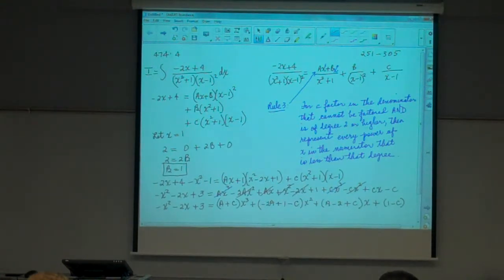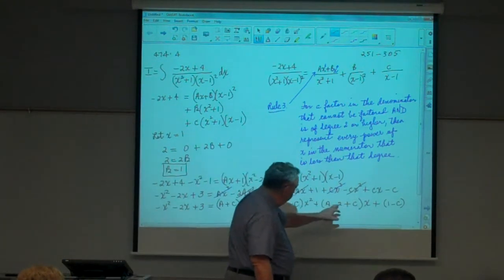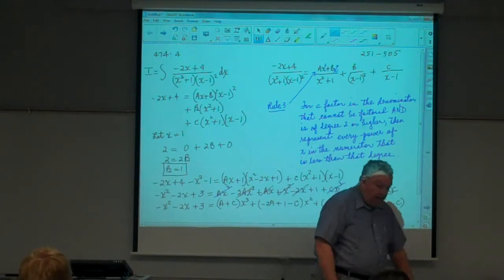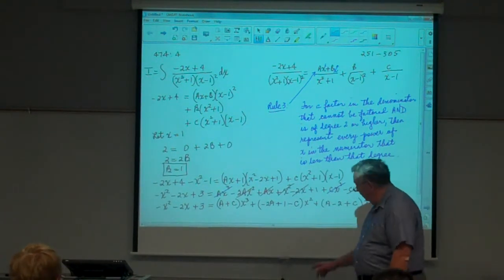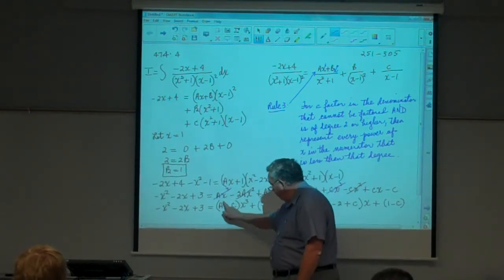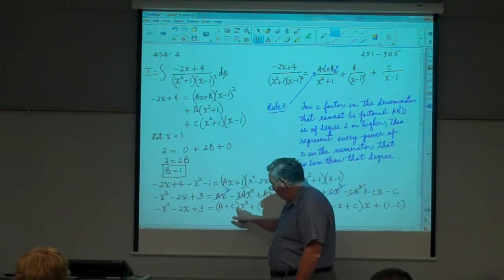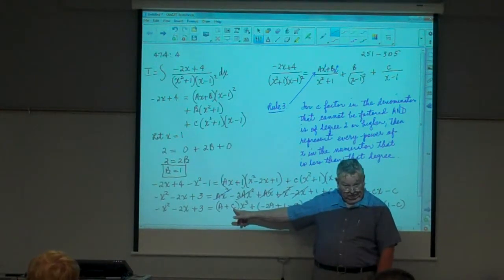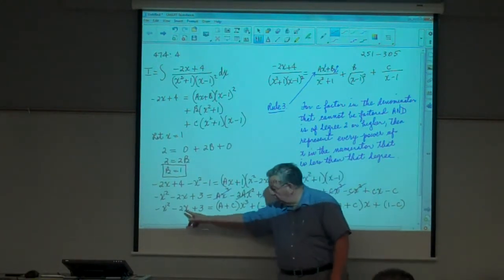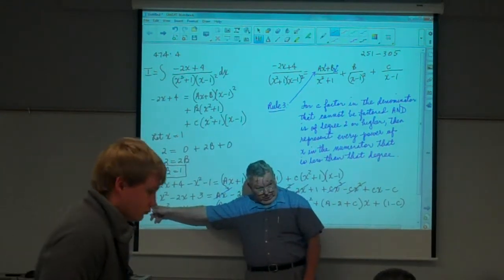Now, here's where you live by your wits. That is, we've got now 1, 2, 3, 4 equations to solve. I've got this equation, this parentheses, equal to 0. Why is it equal to 0? There are no x cubed terms. There's no x cubed over here, right?